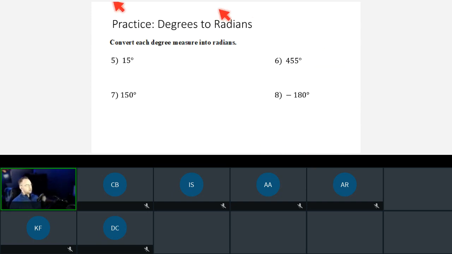All right, now we're going the other direction. Now I'm giving you degrees and we want to go to radians. So we multiply by what? Pi over 180. Yep. I'll give you 3 minutes for these 4. And for these, I do want reduced fraction form.